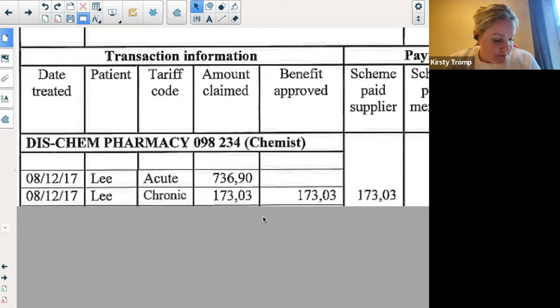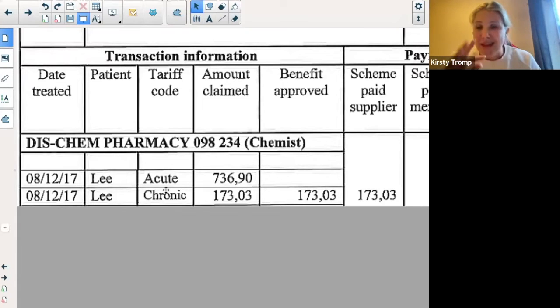Moving down. On the 8th of December 2017, we've got Lee going again. Under the tariff code, now we see a difference here. The previous one was acute. The next one says chronic. All right. Guys, those are medical terms. You need to know what the medical terms mean. Those aren't important math things. Don't get hung up on those, okay?